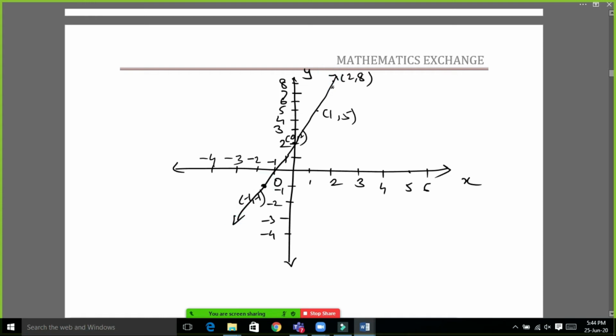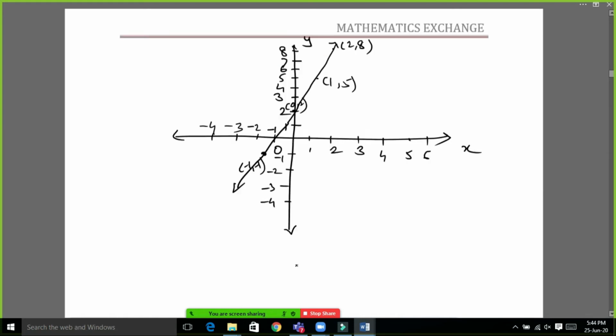All these points lie on a straight line. So this is a geometrical representation of a linear polynomial. If we observe it, this line intersects the x-axis at a single point. Look at this. This is the point where this line intersects the x-axis.